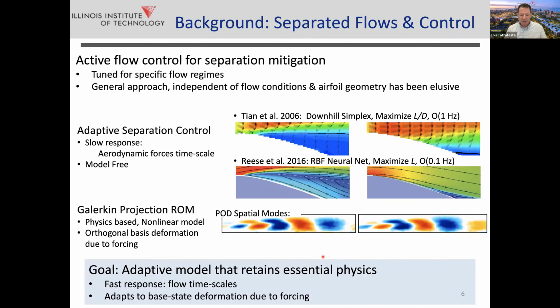That is, the basic state changes, and the model that you develop is no longer valid, particularly if you're going from a largely separated flow to an attached flow. So your model needs to adapt in order to be able to do this. And we would like to do this on a time scale that is on the order of the fluid dynamic time scales, instead of these long time scales that I indicated above.